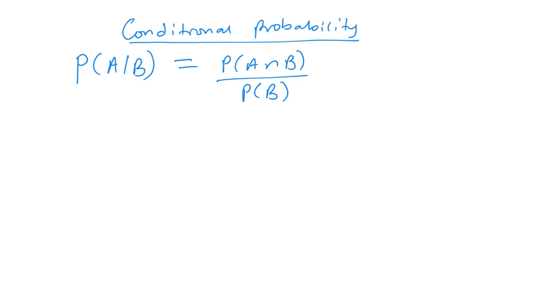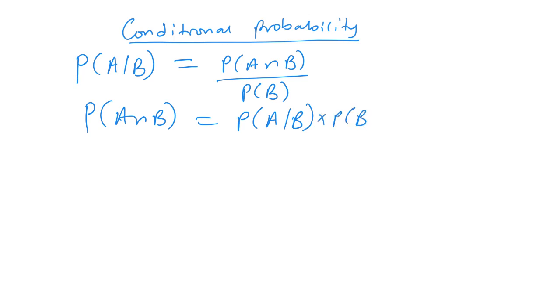So from here we can get the intersection and say that the probability of A intersection B is the probability of A given B times the probability of B. That result is so important in probability.